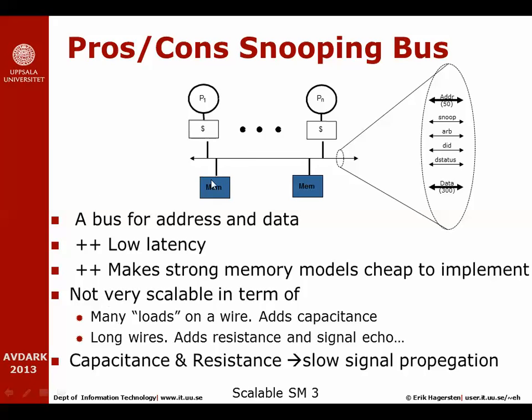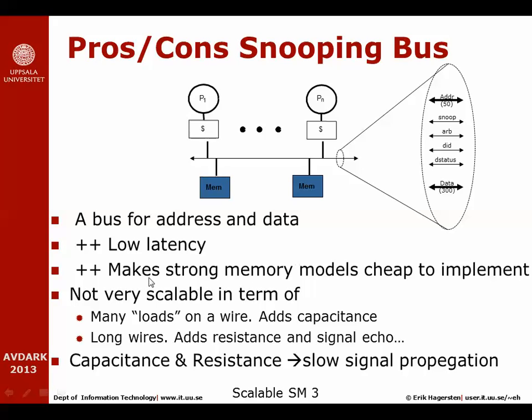One is that each one of these wires, each one of these 400 wires here, will have many loads. So there will be many caches that will want to send and receive data from those buses, and each one of those transistors connected to the bus to send and receive will put a load on that wire, and that adds capacitance to the wire, and that's a no-no if you want to send a signal with high frequency.